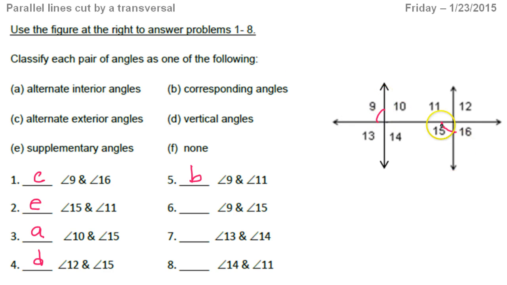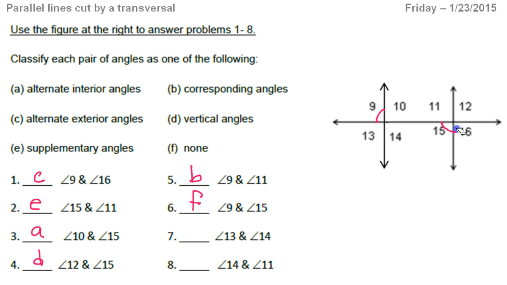They are alternate, I guess you could say, but they're neither interior, not both on the inside, nor exterior, not both on the outside. So there's nothing that matches these, so we'll put F for none.